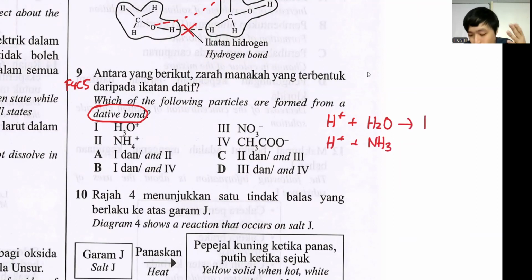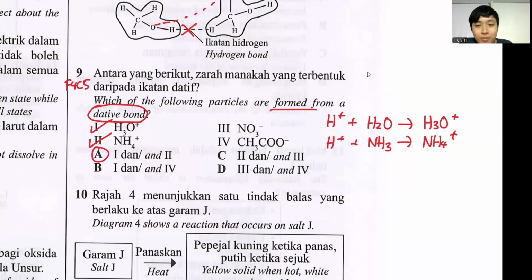With water, we form the hydroxonium ion. With ammonia, you will form the ammonium ion. So the answer is very easy: H3O+ and NH4+, which is A. This is number 2.